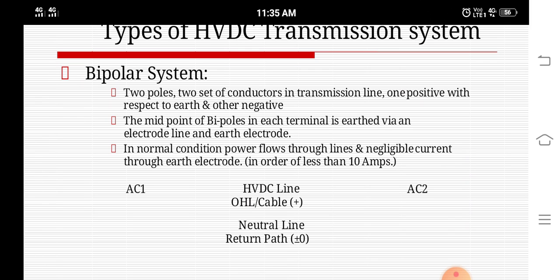When one pole is isolated due to a fault, the other pole can operate with ground and carry half the rated load or more using overload capabilities of its converter line. Bipolar has only two conductors.